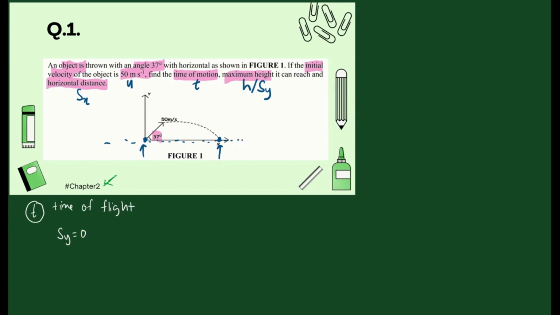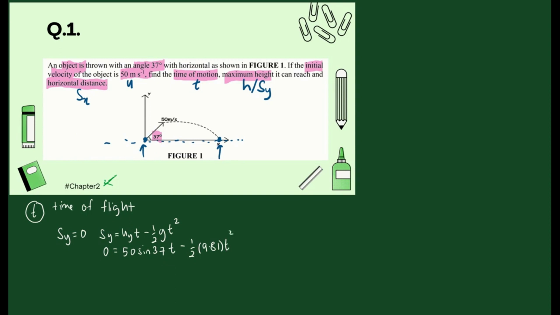0. So using this information, we apply the equation SY is equal to UY T minus half G T squared. So we substitute SY as 0. Our initial velocity for the y-axis is 50 sine 37, T minus half, G is 9.81 T squared.